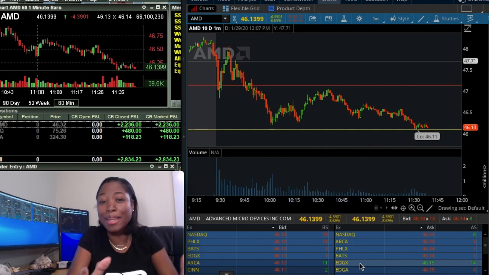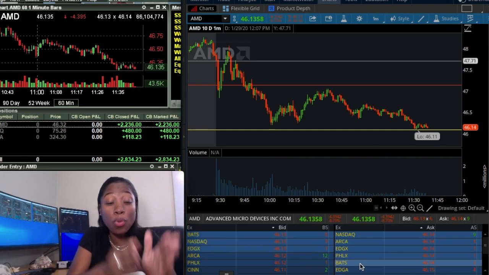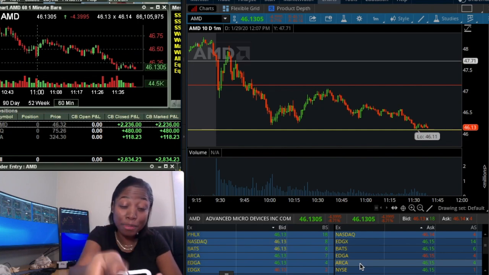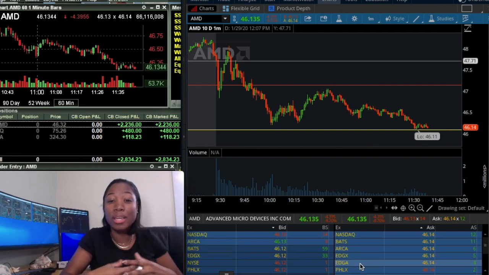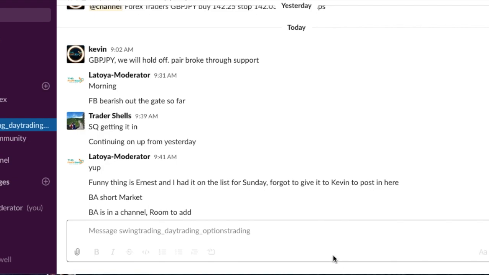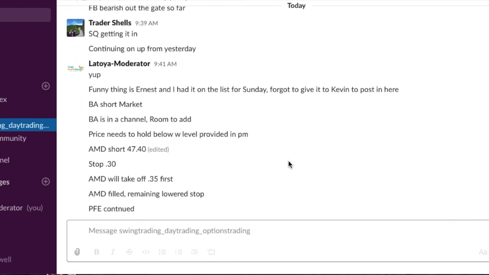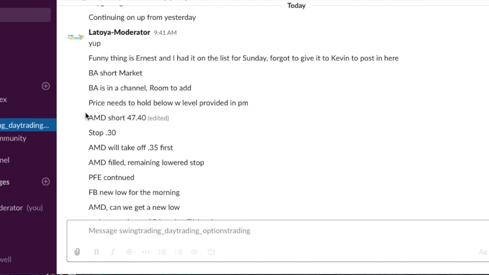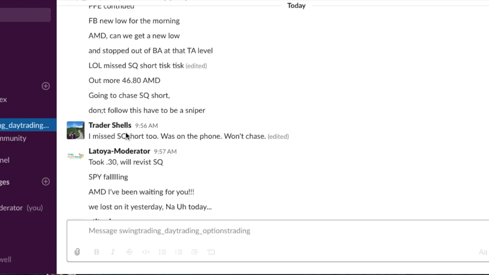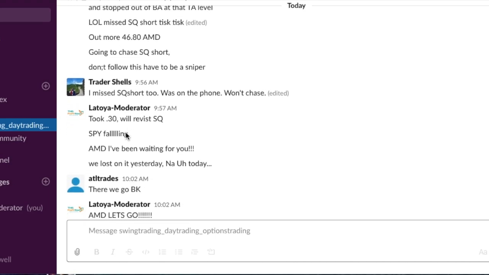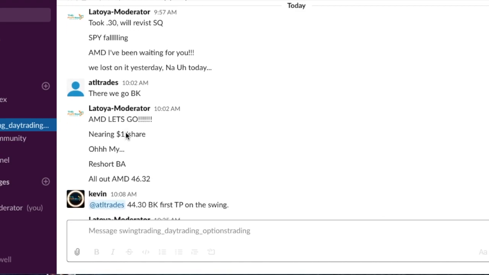concept, basically the same concept really, on how we traded AMD, this particular gap, according to our strategy. Before I jump into the video, let's get the actual text of what occurred today for AMD. 47.40 short, 30-cent risk, and we'll see how it transitioned throughout the day along with the other tickers being alerted as well.